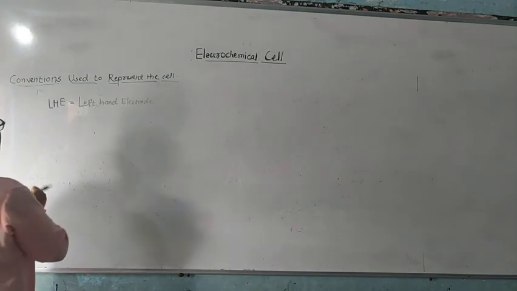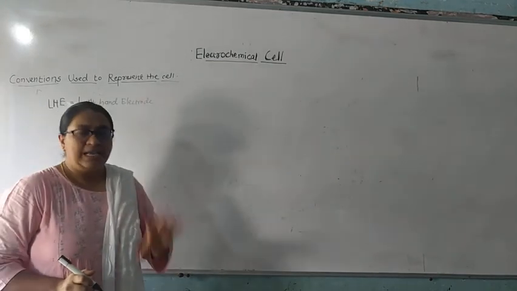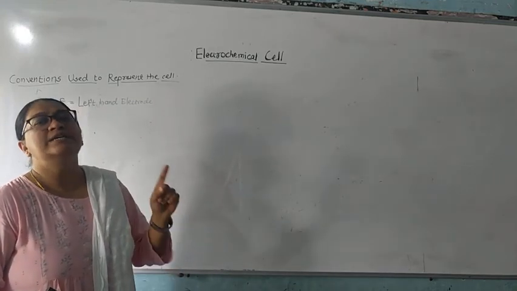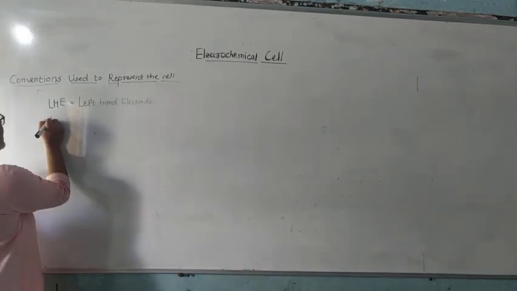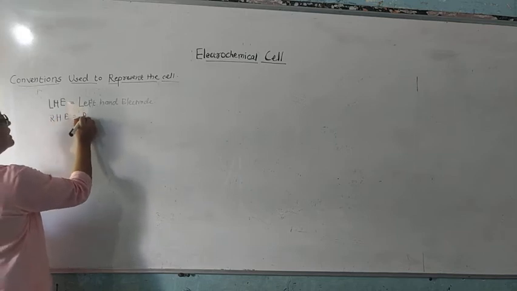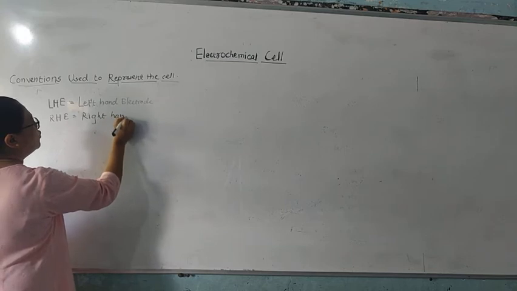The second is the electrode on which the reduction reaction is occurring. It is always written on the right hand side, and it is termed as RHE, that is right hand electrode.